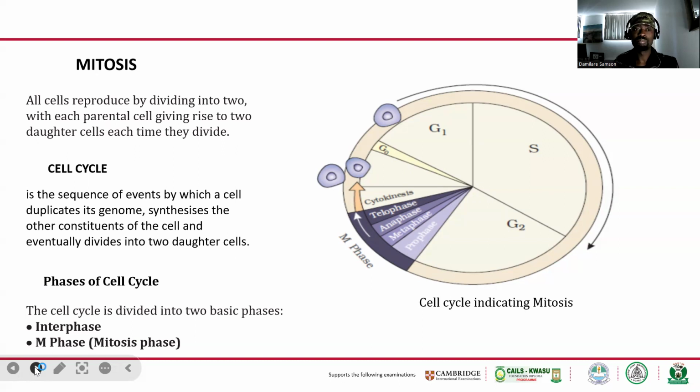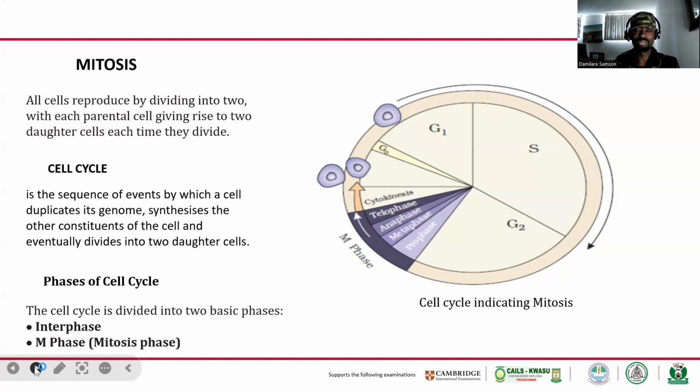A very good example when you talk about mitosis is when we relate it to asexual reproduction. In asexual reproduction, the parents give birth to new offspring that will have the same number of chromosomes, which means it doesn't involve sexual reproduction.